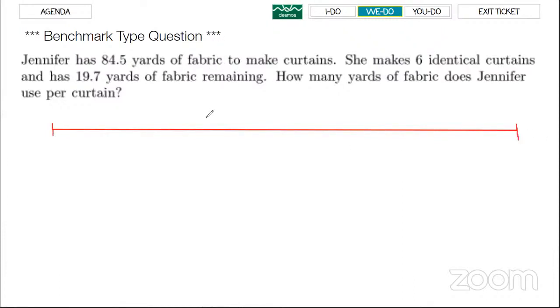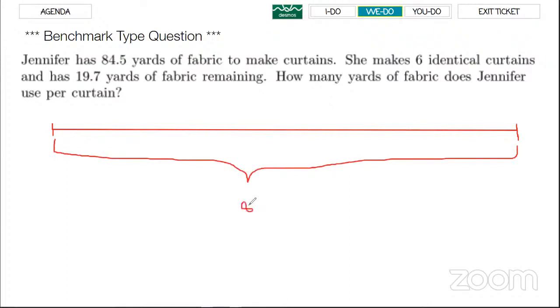The fabric, I apologize. The length of that fabric is totally equal to 84.5. It's a decimal number. And then it says she makes 6 identical curtains. So that means, we don't know the measurement of each curtain. So that will be just x.